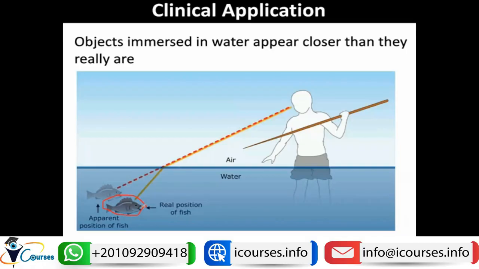So we don't see this fish in the real position, but the fish emits light rays that pass into the eye, and we only see the extension of the light rays. So we see a virtual image of this fish, which looks closer to the surface of the water, and this will lead to a false localization of the fish. So objects immersed in water look closer than they really are.